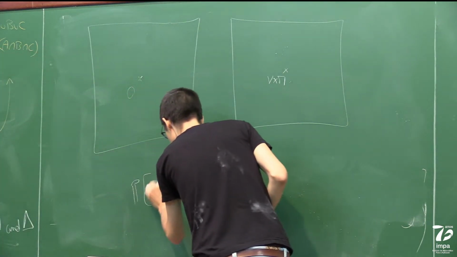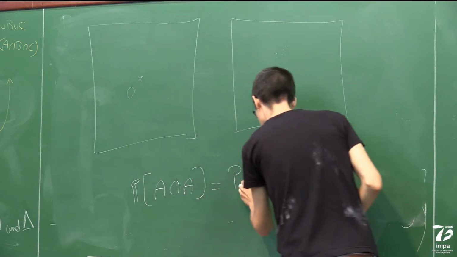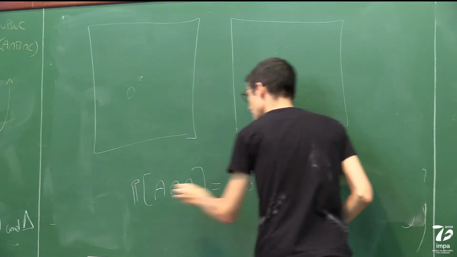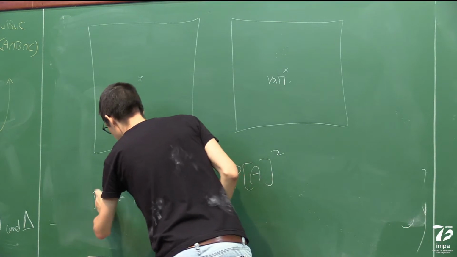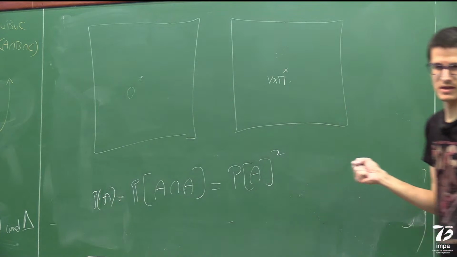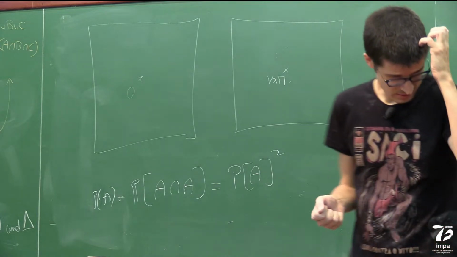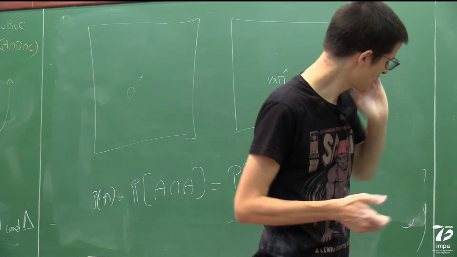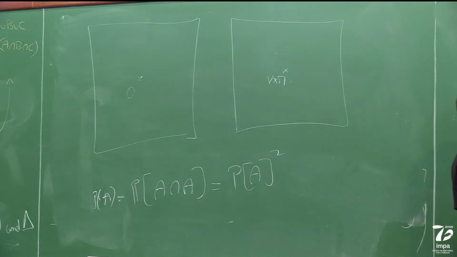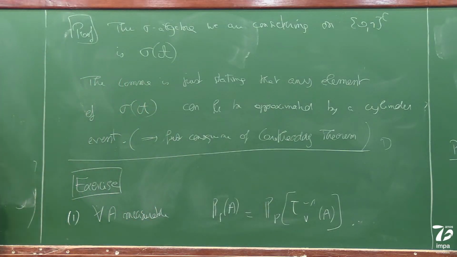If you show that you're independent of yourself, you have P(A) equal P(A) squared, and this means that P(A) is equal to 0 or 1.